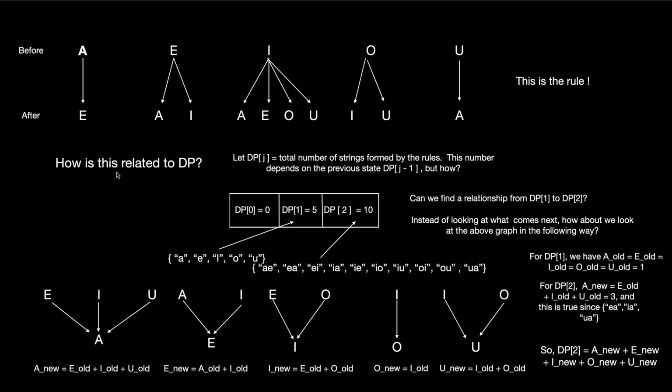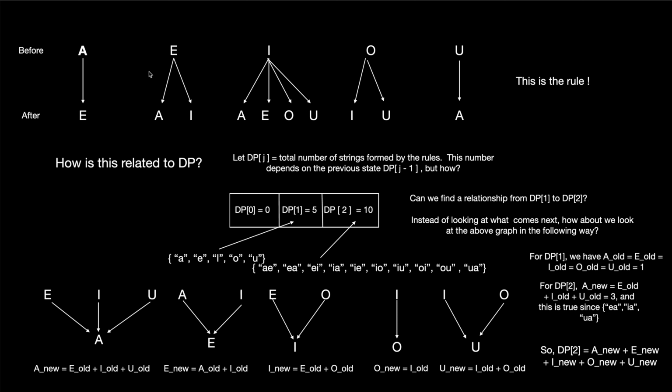And how is this really related to DP? Let's find the subproblems. Let's say DP of J is the total number of strings formed by these rules, and this number depends on the previous state, DP of J minus 1. When you find a relationship, this problem is pretty much done.